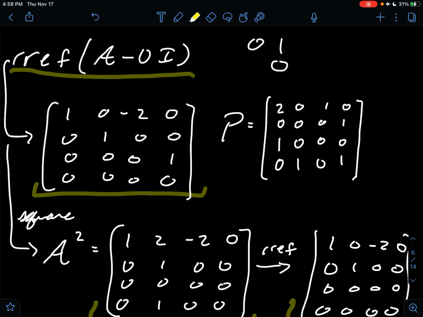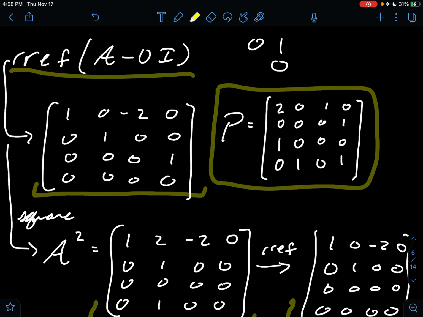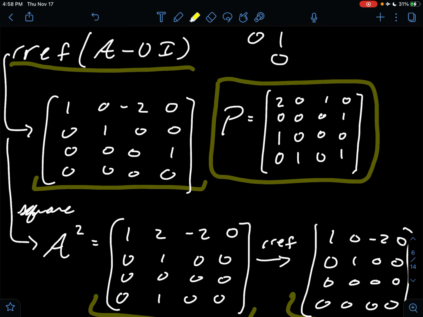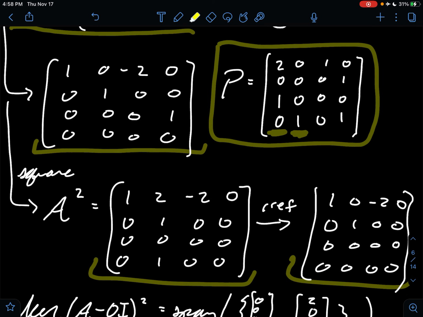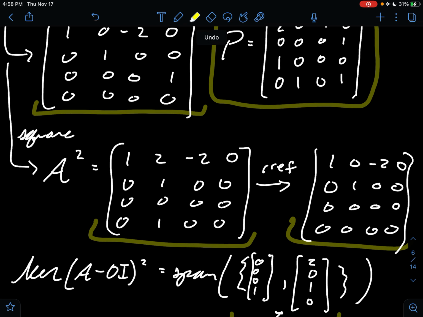I have this P matrix written down already because I've already calculated it, but to tabulate, we start by putting the eigenvector in the first column and the generalized eigenvector in the second column.